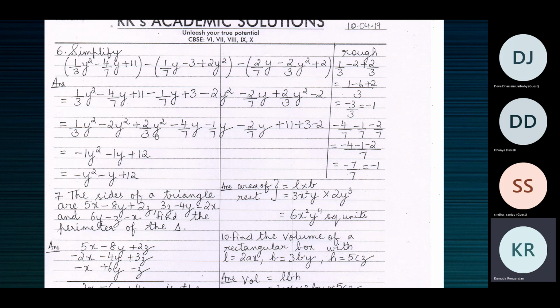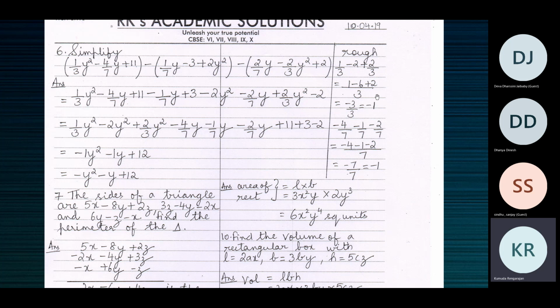Now we need to simplify the y square terms. We have 3 y square terms. Look at their numerical coefficients: 1 by 3, minus 2, plus 2 by 3.